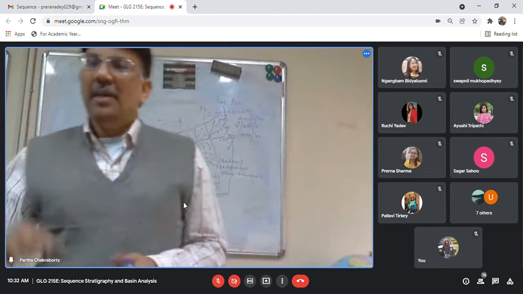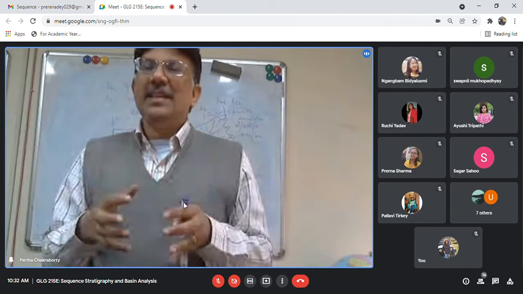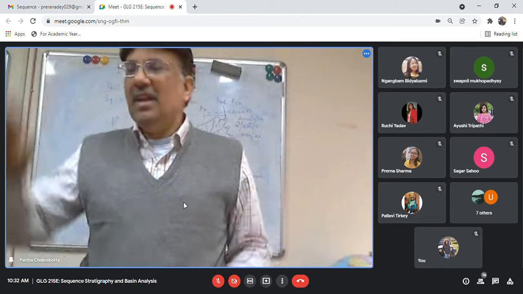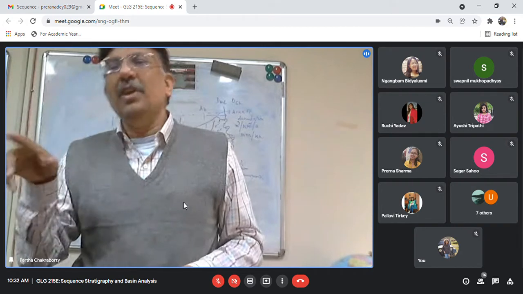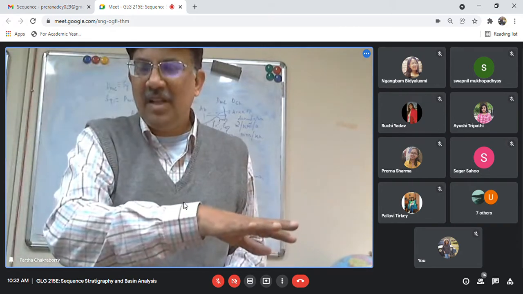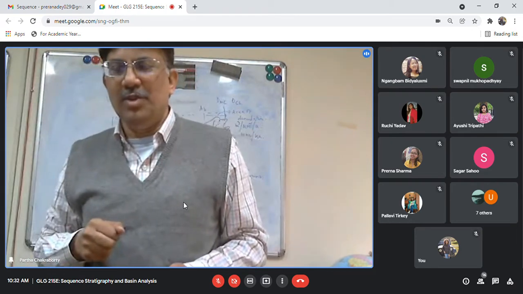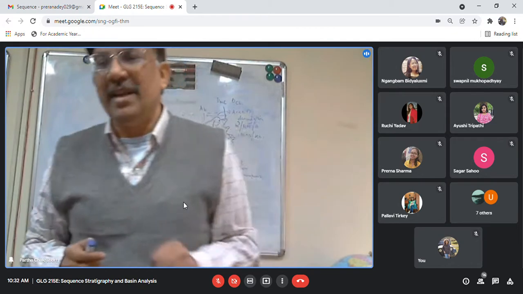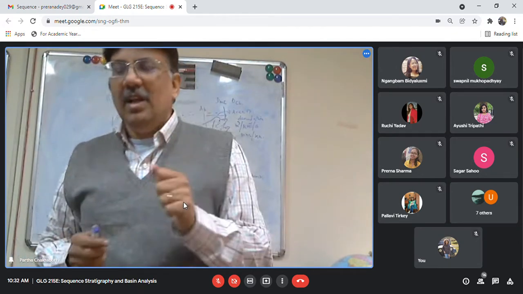What I am saying is, what is my motto from the very beginning of the class? I am trying to say that it is actually a mass balance model that we are aiming at. For that mass balance model, we are doing a lot of simplification. We are considering the mean elevation of the denudation area. We are considering the uniform distribution of sediment in the basin.